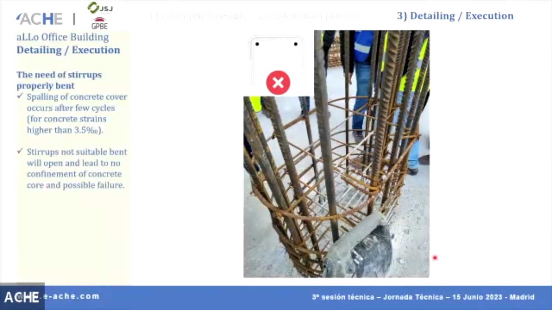Many times I see this kind of detailing of the stirrups, and you know that this does not work well, because after a few cycles of a column or an element, there is spalling, so the concrete cover just disappears. And if it disappears, the stirrup just opens, and you don't have any way to confine the concrete core.